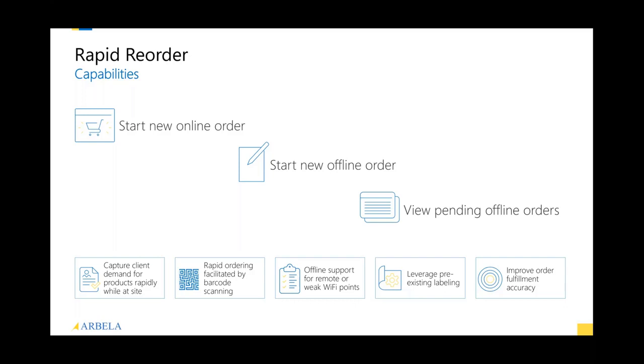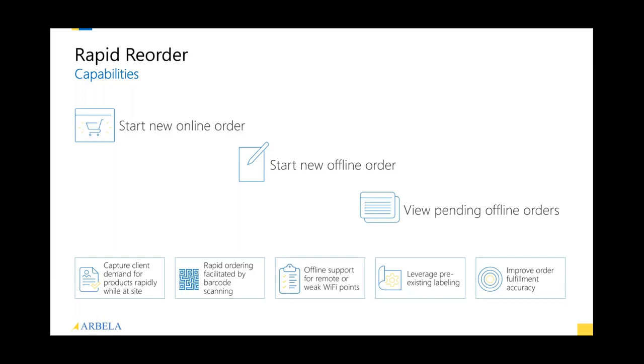And I think that Maggie did a good job touching on our high points down here at the bottom. But what's really easy about this is that we support already pre-existing labeling. So whether you have QR codes, EAN, or UPC, the framework to support all of those different barcode functionalities is there.